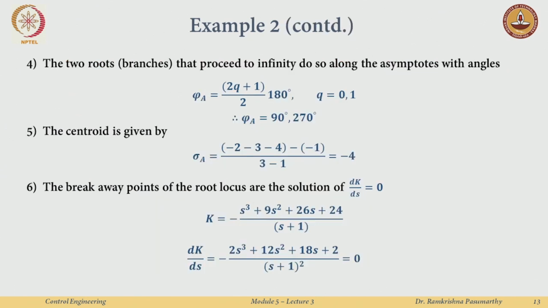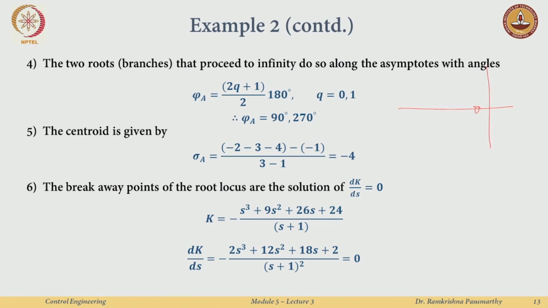Okay. So, how do they go to infinity? There are two branches going to infinity, and they proceed along asymptotes with angles given by (2q plus 1) times 180 divided by n minus m, where n minus m was 2. So you will have 90 and 270 degrees. Let me draw it for convenience.